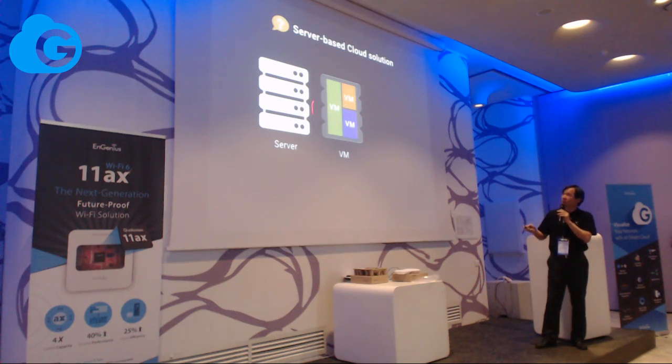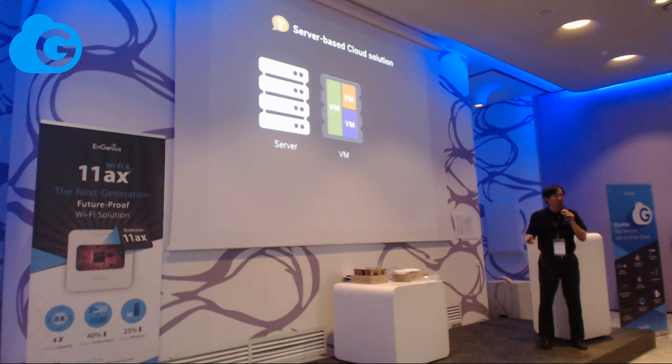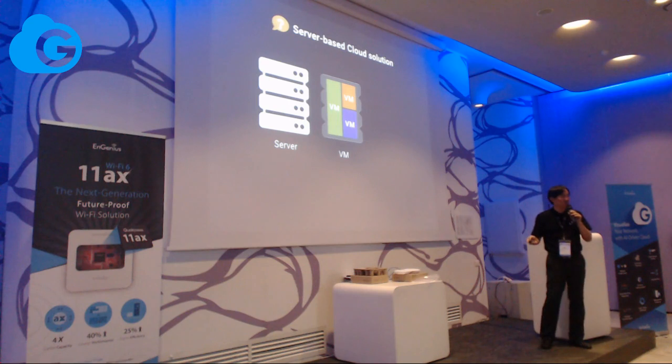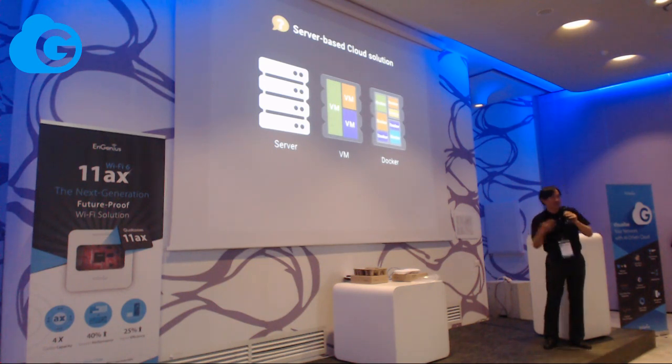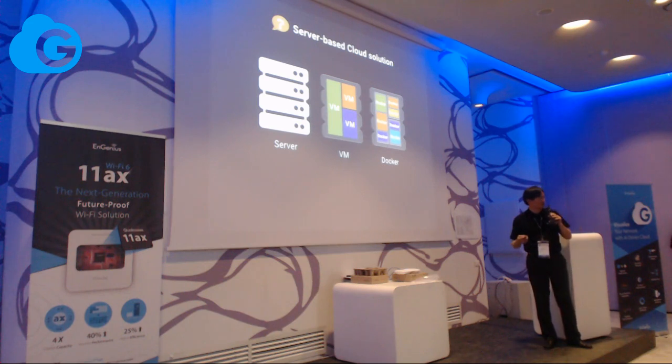However, it's still within these servers. And then the newer technology is Docker-based, which breaks the VM down into even smaller Docker components, so you have more flexibility for scalability.